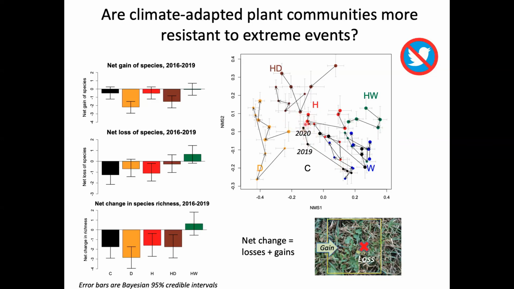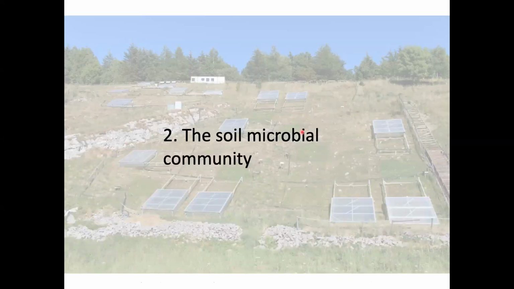But at the minute, it looks as though we could, in fact, be approaching a tipping point with some of these climate treatments, where a combination of the treatments themselves and their responses to natural extreme events are pushing them perhaps into new community structures which cannot be recovered from.